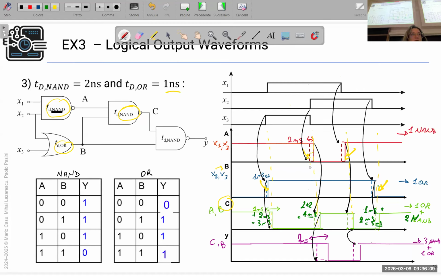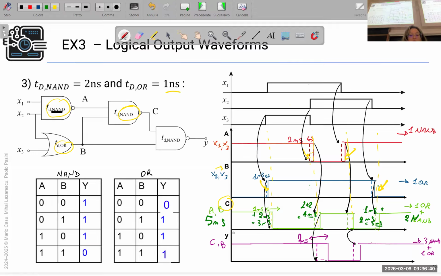But if the transition is made by just one of the 2 signals, we have to consider just the delay of the gate of the signal which caused the transition. Okay? Because if nothing is changing here, there is no delay. It's not changing. So 5 nanoseconds is the maximum case.